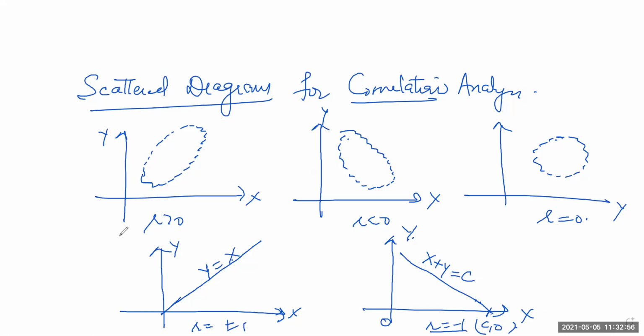Is it clear? Right? So this is all about how to have a rough idea from the scattered diagram to check the correlation between the two variables.